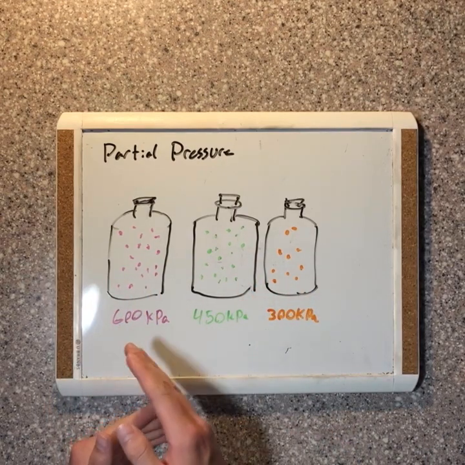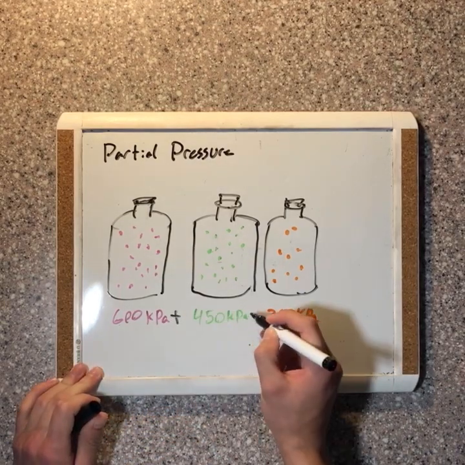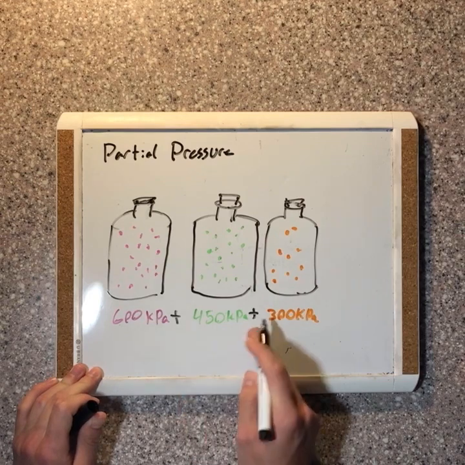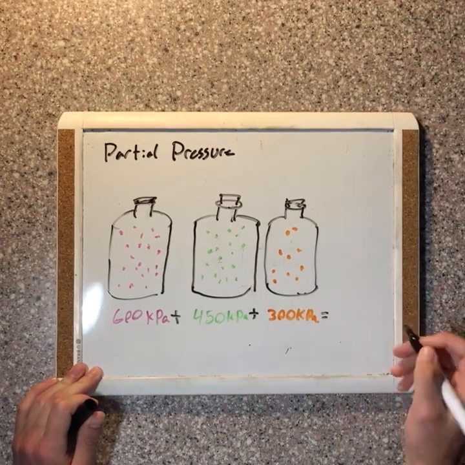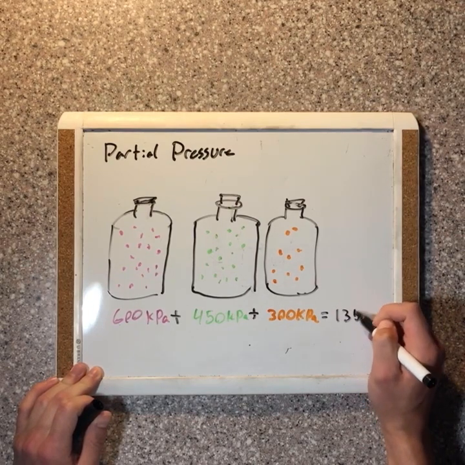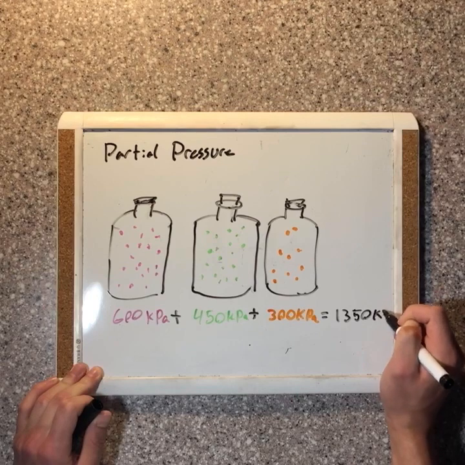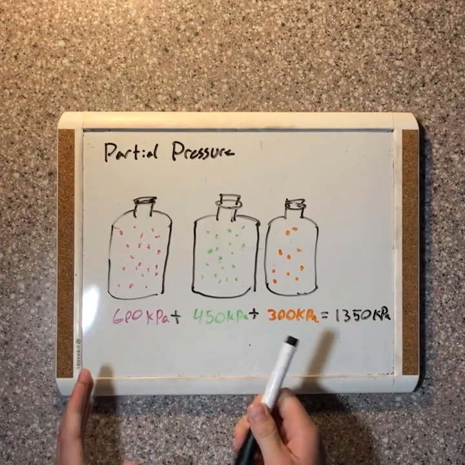Well, all we have to do is add up the partial pressures, right? The pressure that each part of the gas would exert, and that would equal the total pressure of the gas, 1350 kPa. All right, so that is partial pressure.